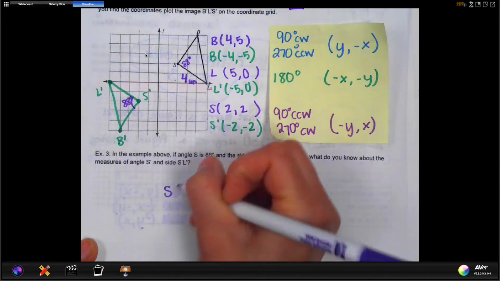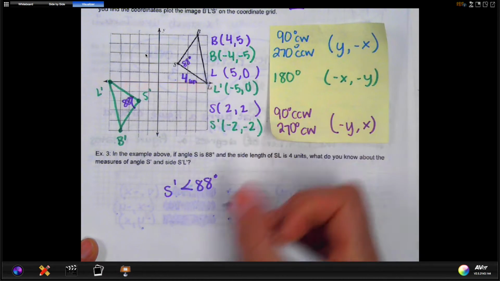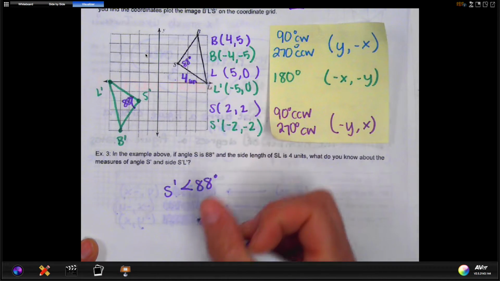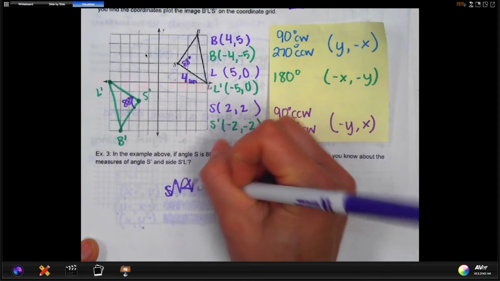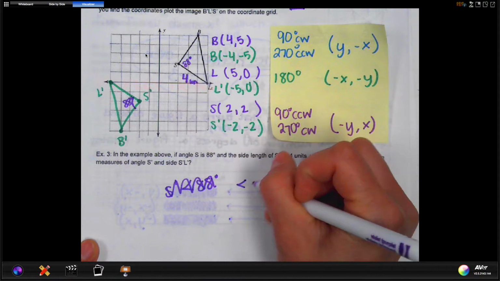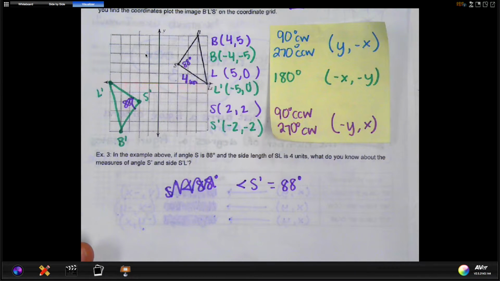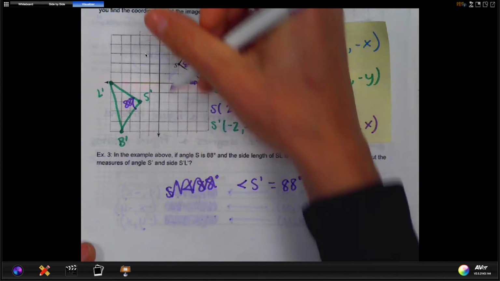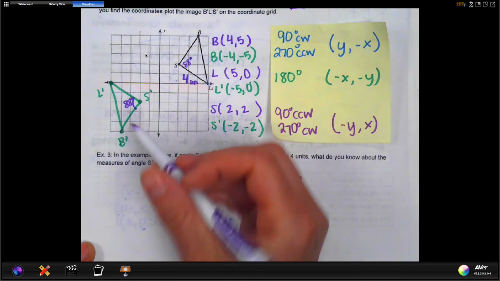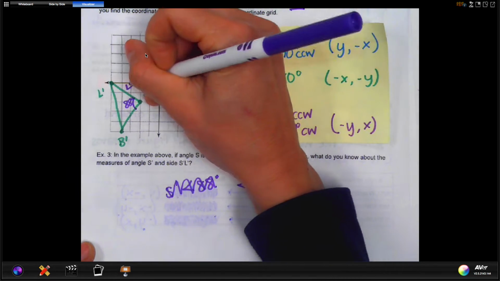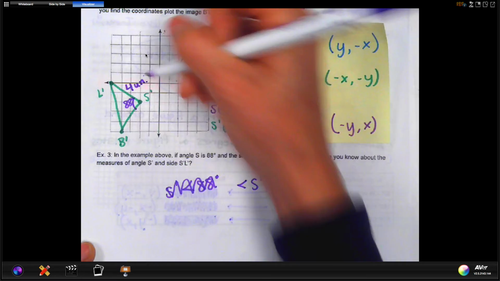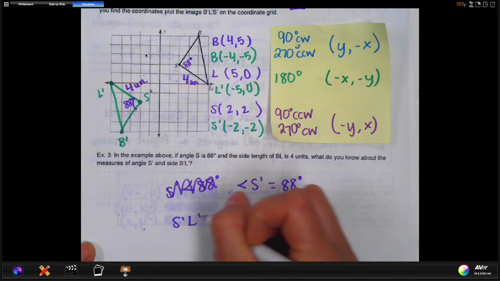Angle S prime is equal to 88 degrees. That's the correct notation. And then finally, S to L is 4 units, so S prime to L prime would also have to be 4 units. And that's what we know.